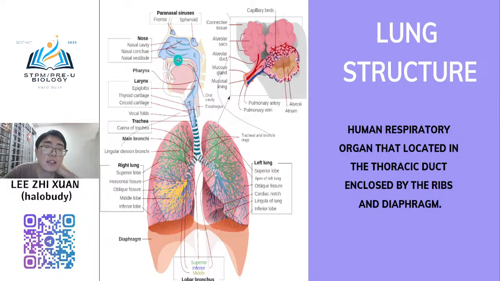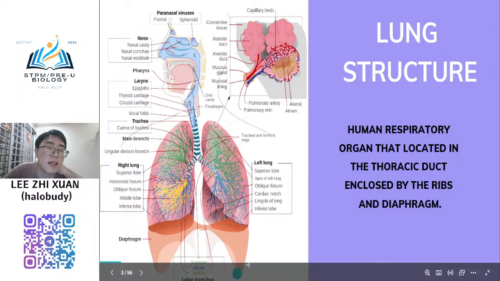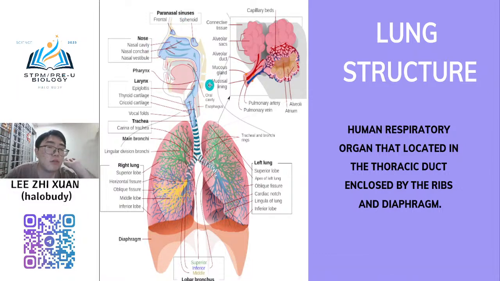For this topic, you need to be able to describe the structure of the human respiratory system. This is the diagram you need to be able to explain. You don't need to explain in too much detail, because this is a more detailed structure. But the key structures you need to know are: the nasal cavity, that is our nose, then pharynx, larynx, trachea, bronchus, bronchiole, lung, and also our alveolus.